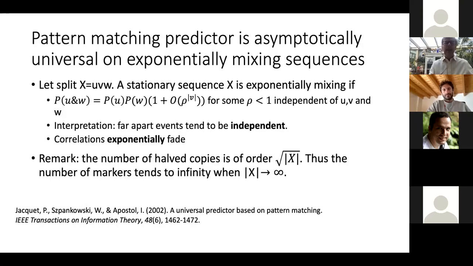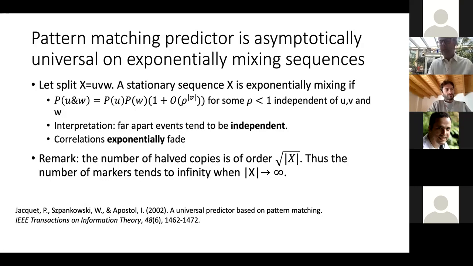Basically the events tend to be independent, therefore it is a product, and the correlation is exponentially decreasing. So the correlation exponentially fades. And this is the definition of an exponentially mixing source.